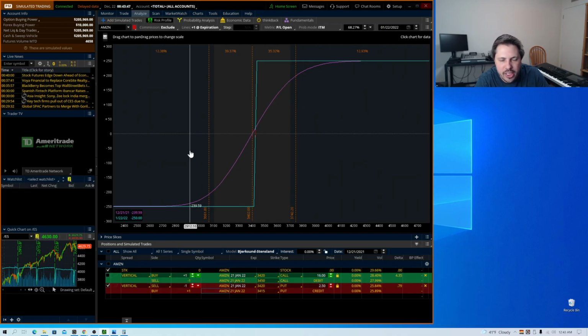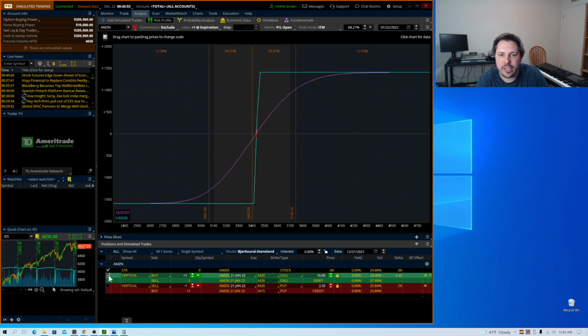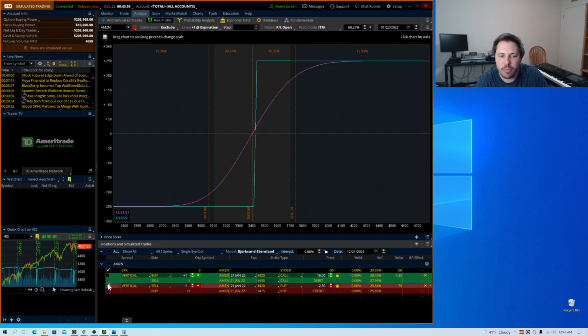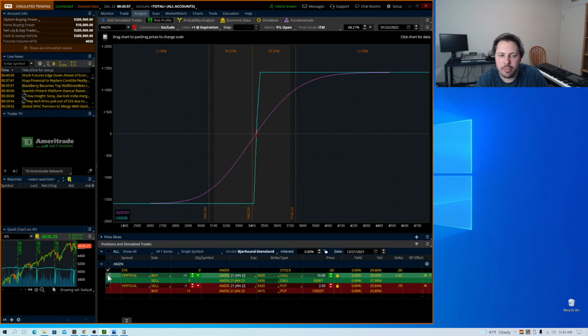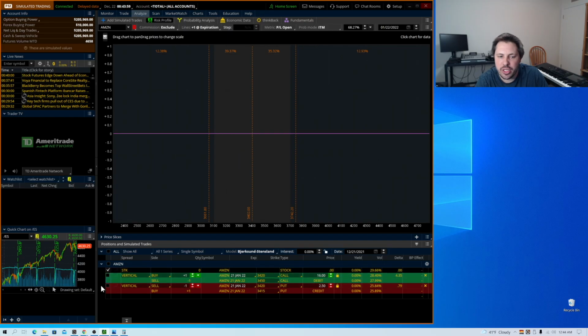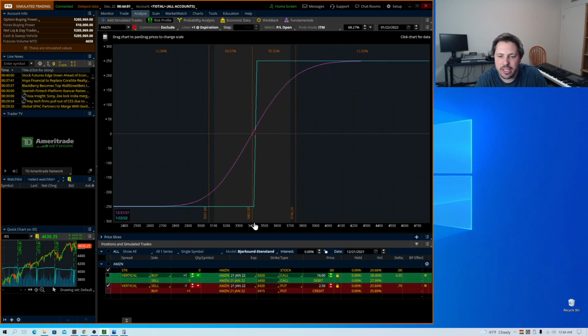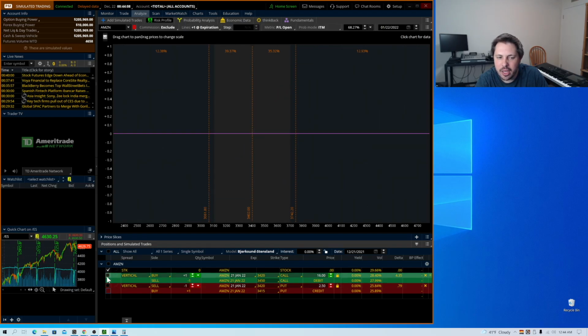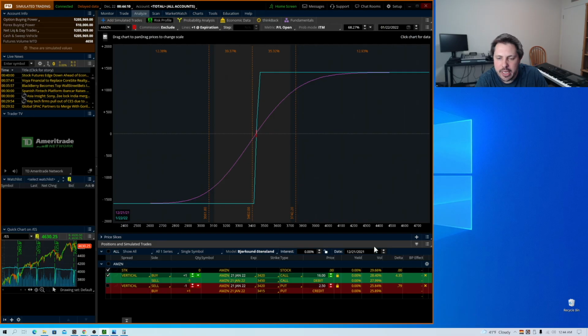So risking $250 to make $250. Again, these look exactly the same. The graphs look the same, but the risk to reward is much different. One of these is a 5-point spread where we're getting half of the spread as a credit, and the other one is a 30-point debit spread where we're risking $1,600 to make $1,400.